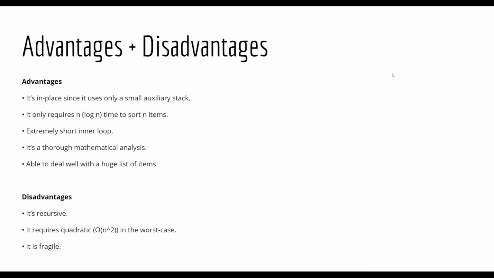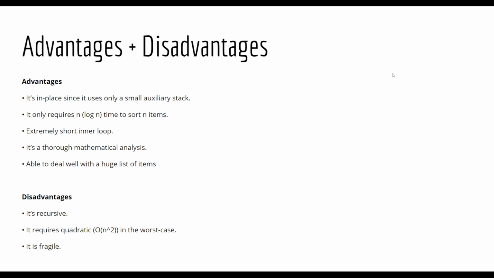So, the advantages. It's in place since it uses only a small auxiliary stack. So it has a fixed and small storage for the coding, and it only requires n log n time to sort items. It also has an extremely short inner loop. So by using this sort type, it's more efficient.